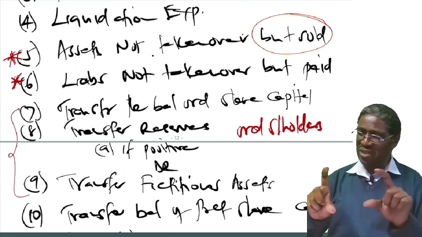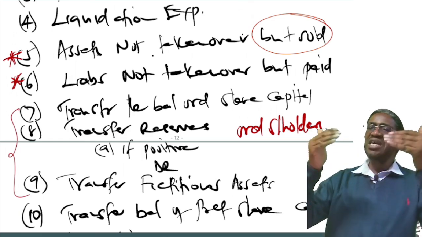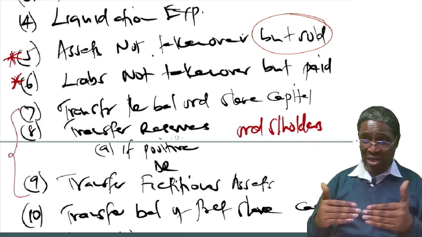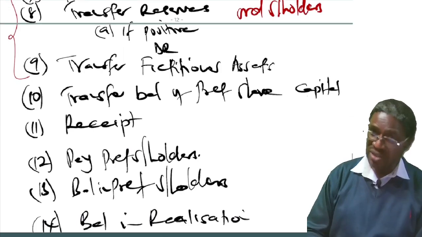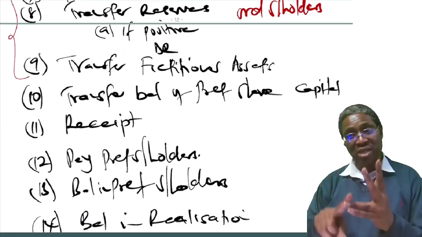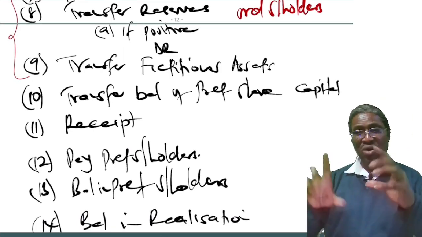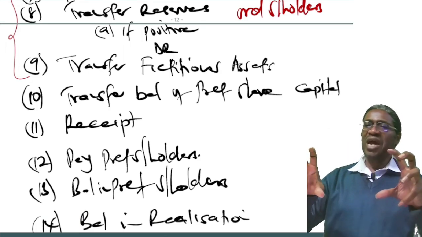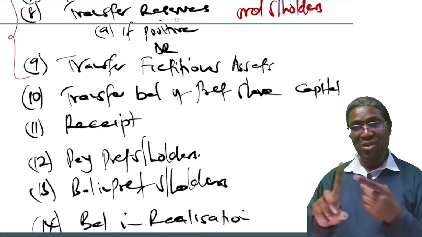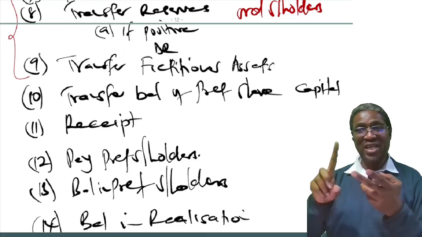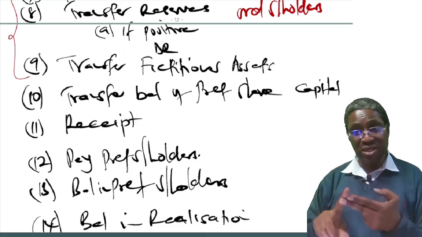Once I do that, now I receive the purchase consideration, which was our step number what? 11. Either in cash, shares, or debentures. Once I receive, now I start asking myself, who do I pay first? You pay the preference, either in cash, shares, or debentures.